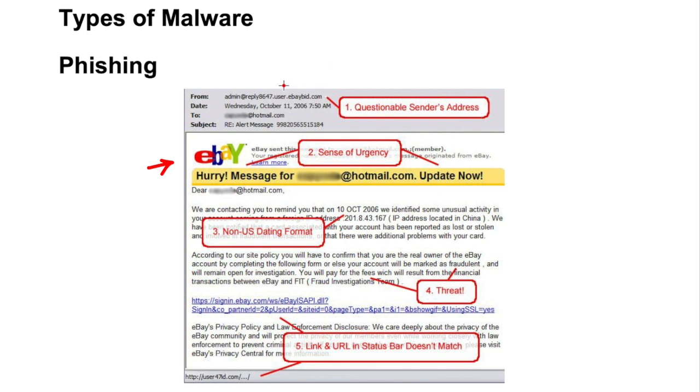You can see that it is from an unknown email address, and it is implying that it is from eBay. Such a fake identity is used to get information to use for criminal intent.